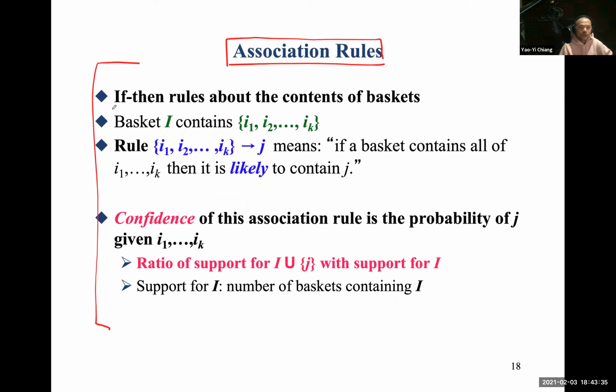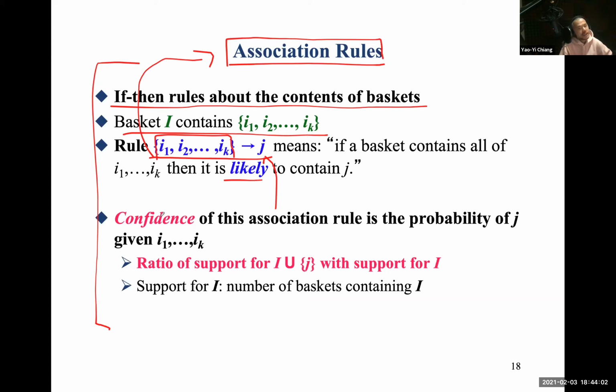These rules are if-then rules about contents in a basket. For example, if your basket contains all these items, and we have a rule like this, this is your association rule. This rule says if you see all these items, it's likely this basket will also contain J.